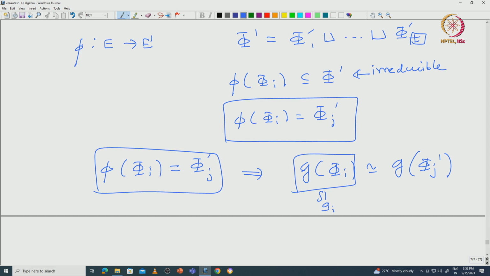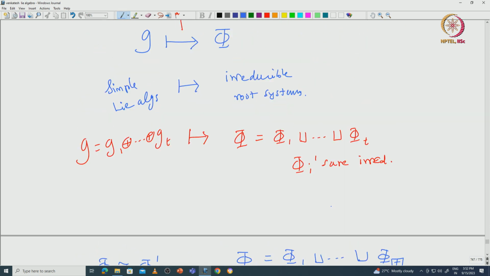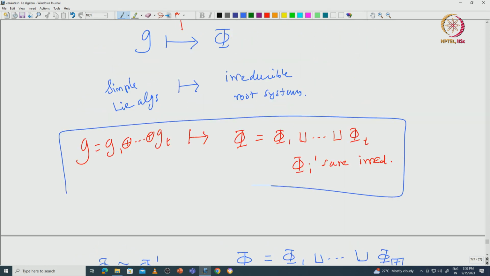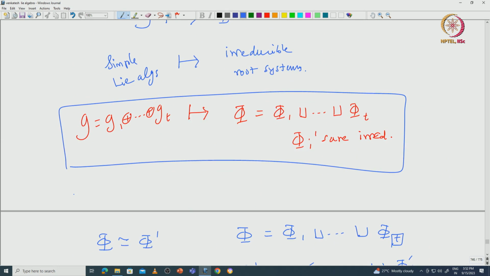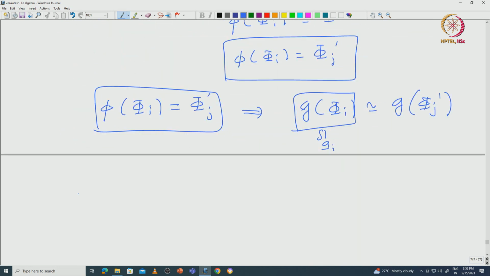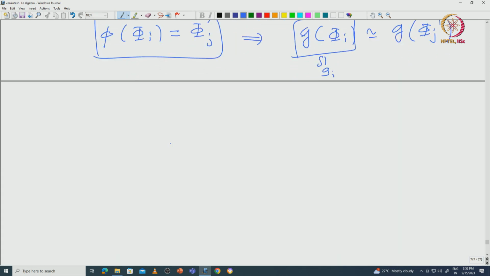If you put them together, you get an isomorphism between G and G dash. So basically this observation that we have made before reduces our problem to the irreducible case, or the simple algebra case.